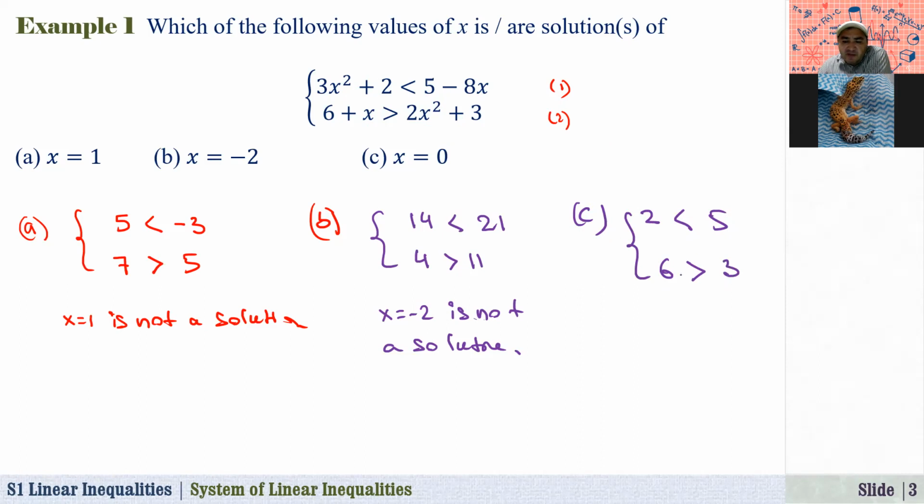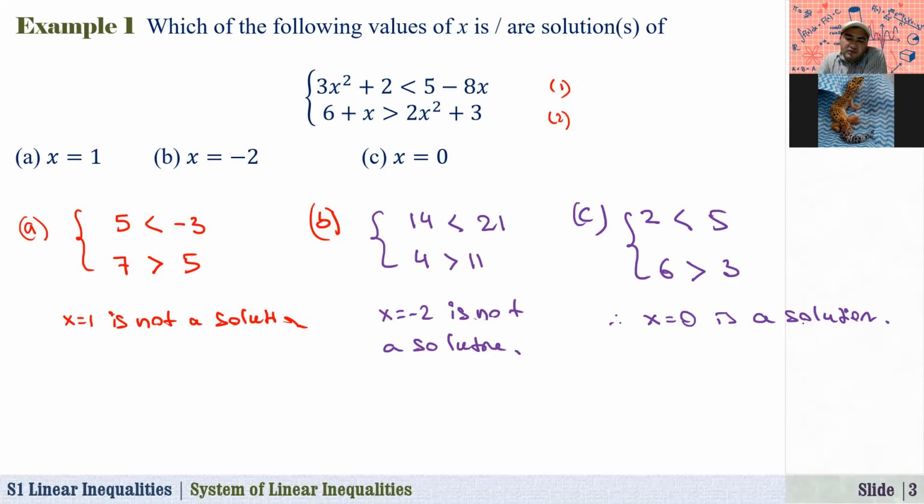So 2 is less than 5, 6 is greater than 3. So this x equals 0 satisfies both inequalities. Therefore, x equals 0 is a solution to this system.